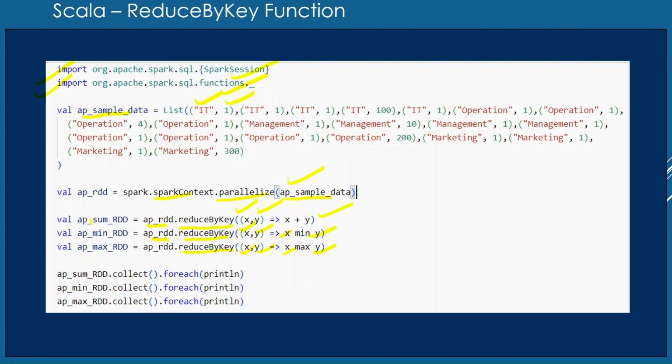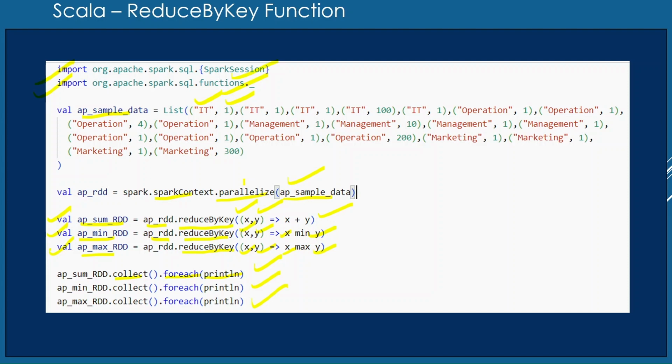So each value will be present in the respective RDD, and when we collect it, collect will convert the RDD into an array, and we are printing the values present in that array. So this is for the sum, this is for the mean, this is for the max. This addition, mean aggregation, and max aggregation will be performed at the key level.